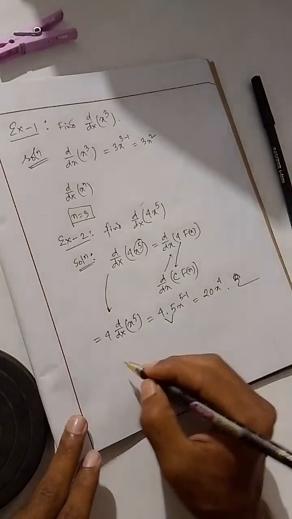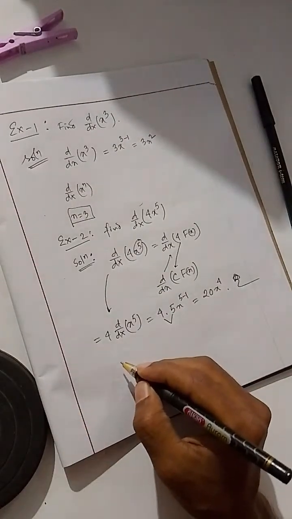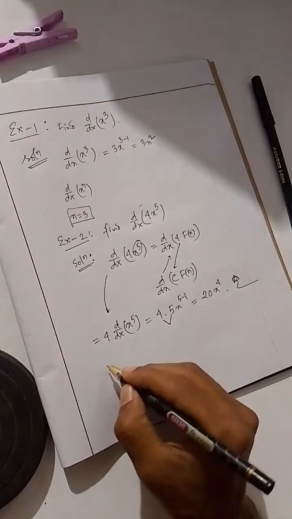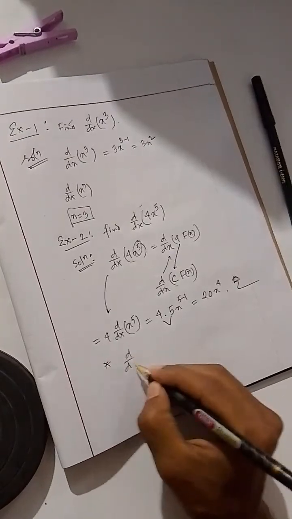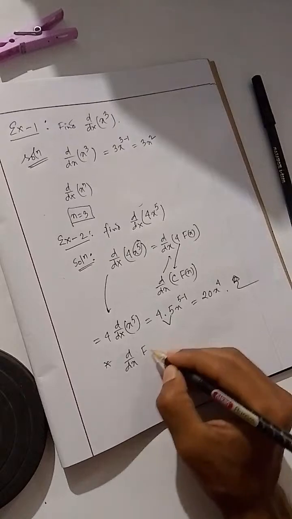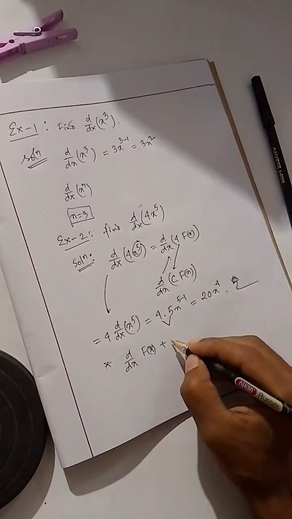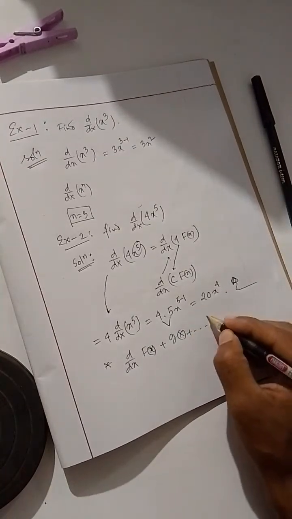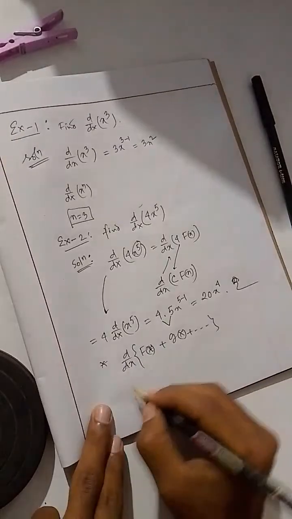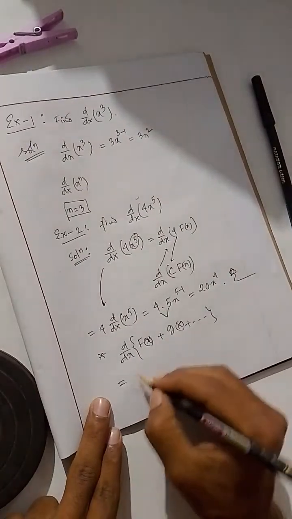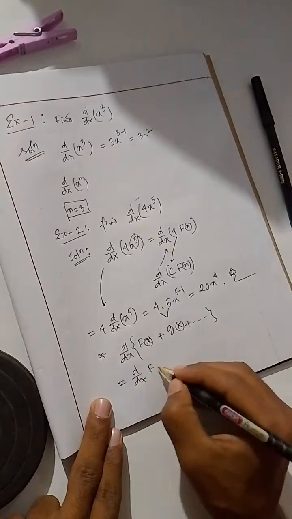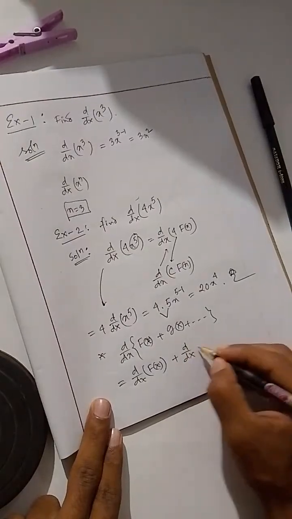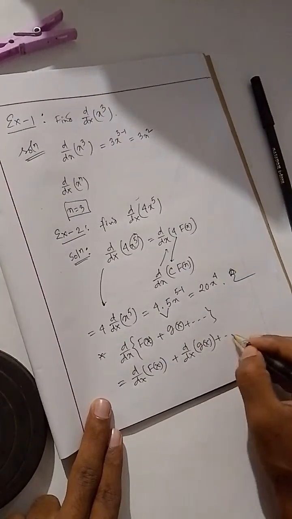Now I will discuss the distribution of d/dx. So d/dx of f of x plus g of x plus so on can be written as d/dx of f of x plus d/dx of g of x, and so on.